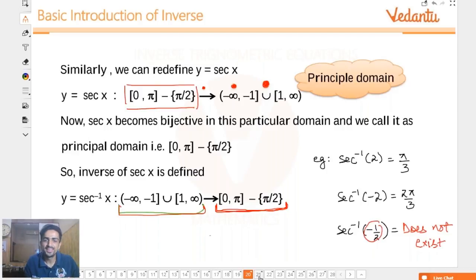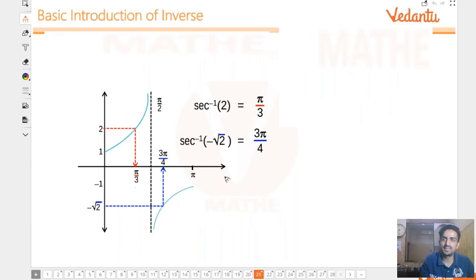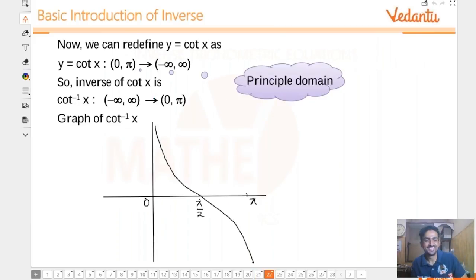Okay, guys. So that was secant inverse. I have given the graph also here if you want to look at it, but you can skip it if you don't want to. Okay. Yes, Anand. Last is cot inverse. For cot, this is my principal domain, 0 to pi open.